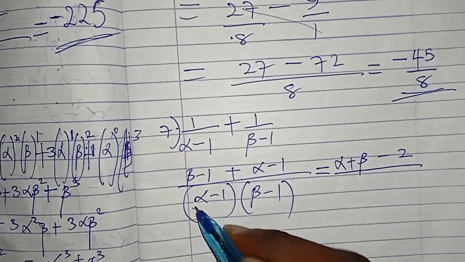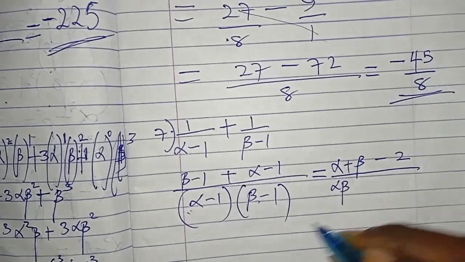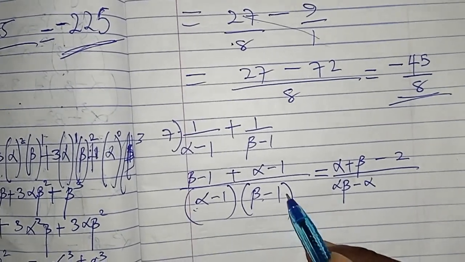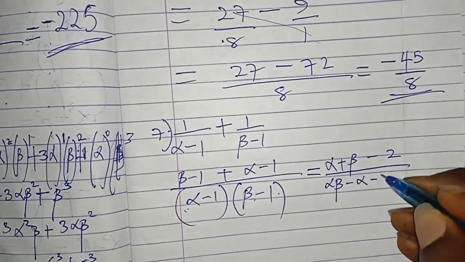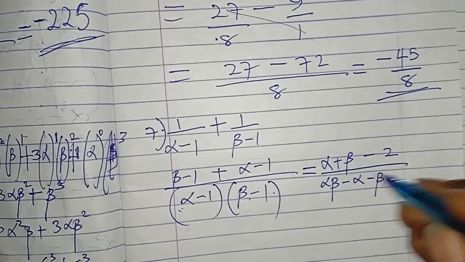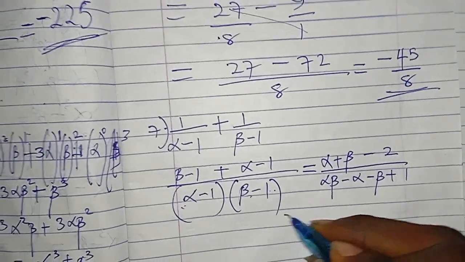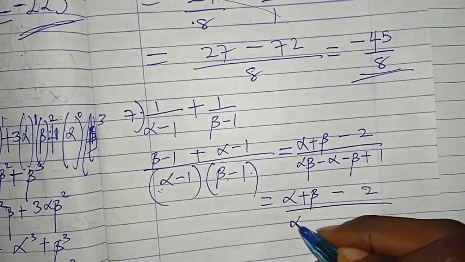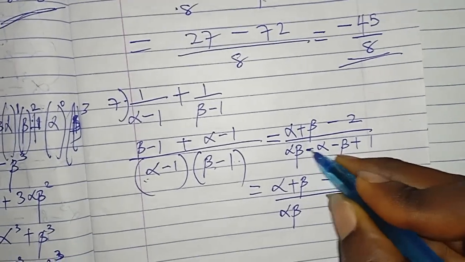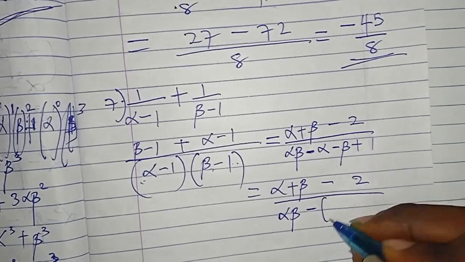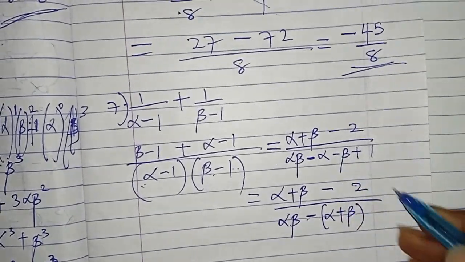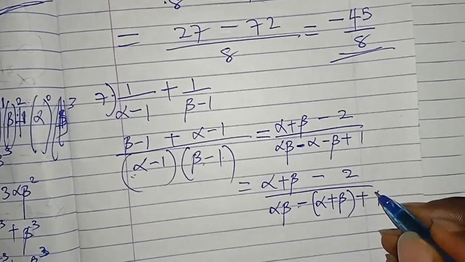Expand this. Alpha times beta is alpha beta. Alpha times minus 1 is minus alpha. Minus 1 times beta is minus beta. Minus 1 times minus 1 is plus 1. So you get alpha plus beta minus 2 all over alpha beta minus alpha plus beta plus 1, because when this enters this bracket, it changes sign.